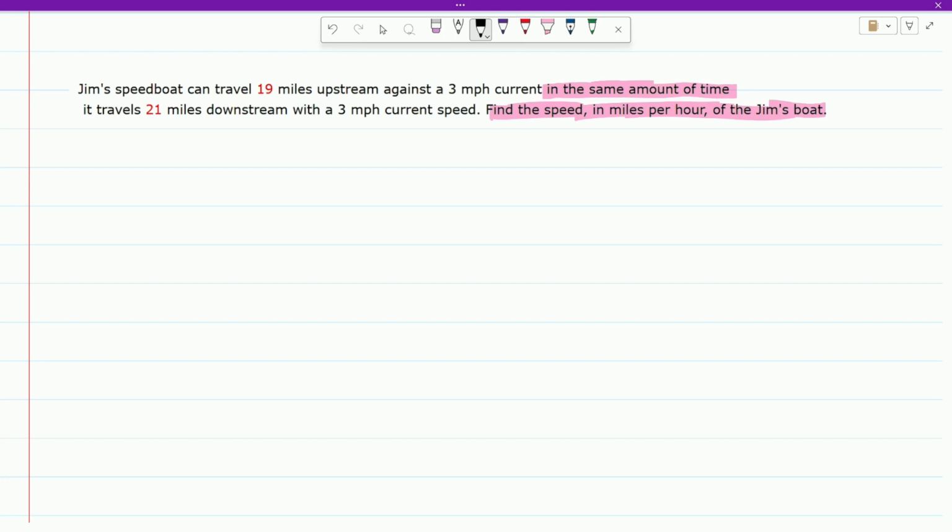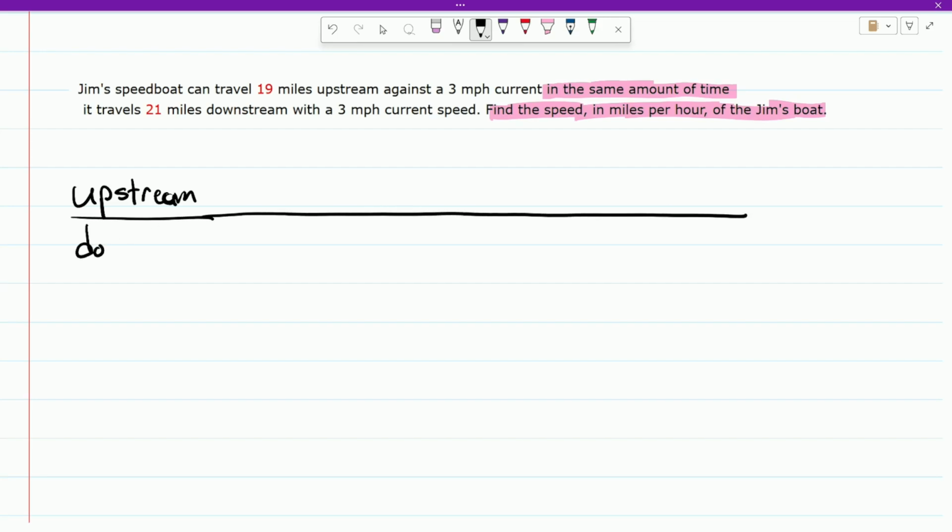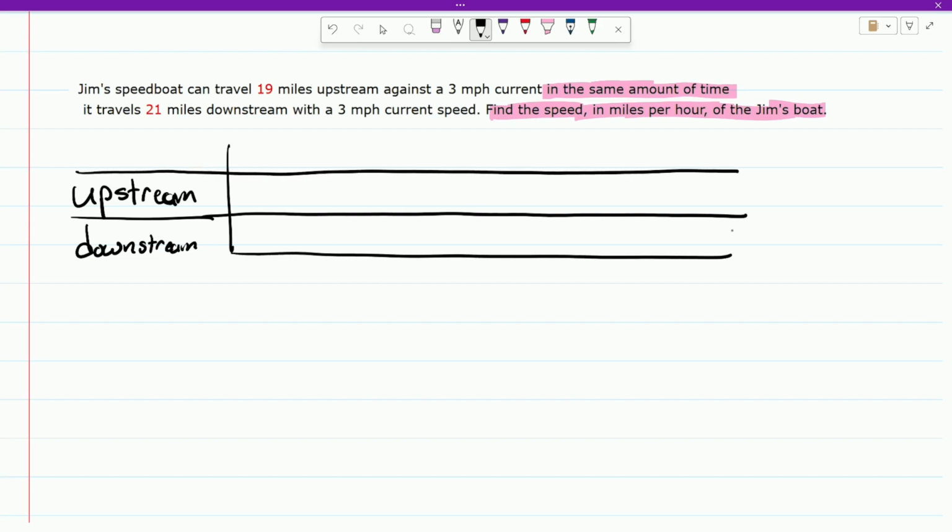Okay. So we've got upstream, and then we have downstream. All right. Then we have our rate, time, and distance.